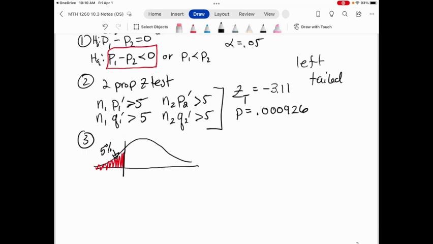So I'm going to use inverse norm. Since we're using z's here, we're going to use inverse norm, and we're going to find with the percentile of 0.05 that this critical value to create my cutoff point is going to be negative 1.645.